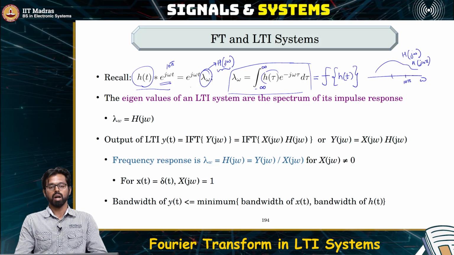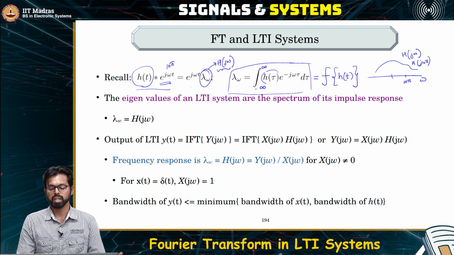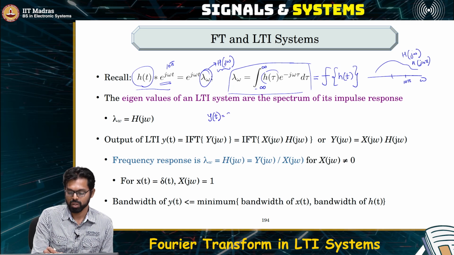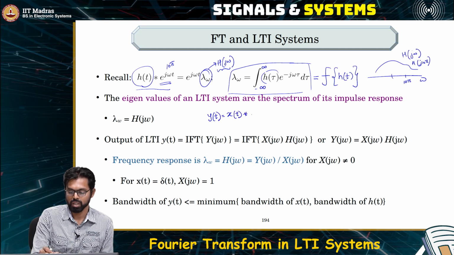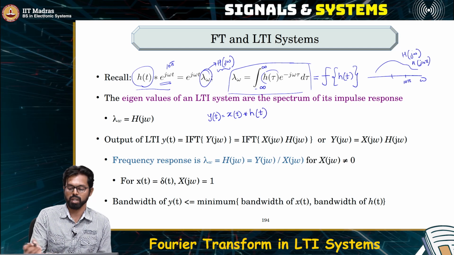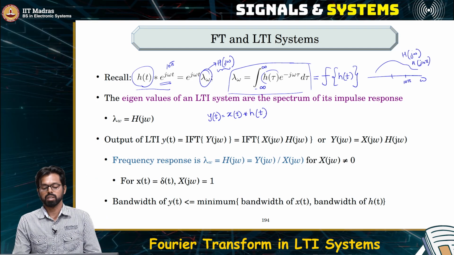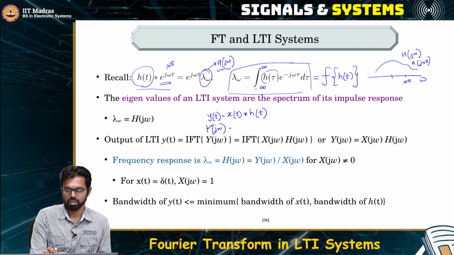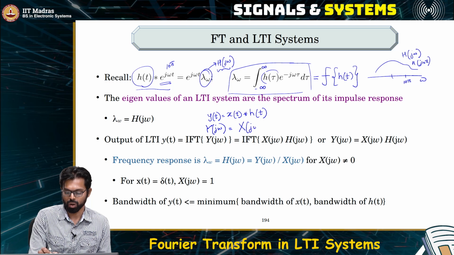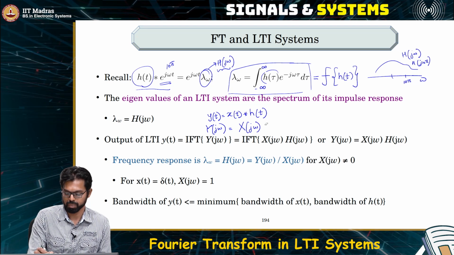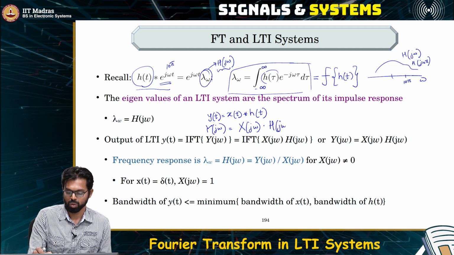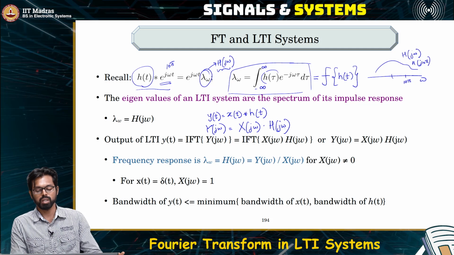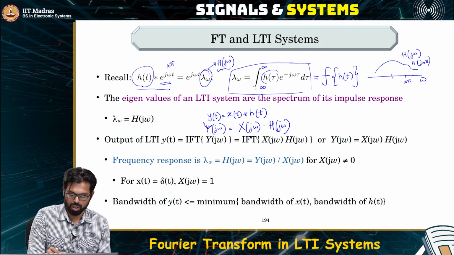Now, what is the output of this LTI system for an arbitrary input? The output of the LTI system for an arbitrary input is x of t convolved with the impulse response h of t, right? In the spectral domain, how does this look? The spectrum of the output is now equal to the product of the individual spectrums, where we are simply multiplying the spectrum of the input with the spectrum of the impulse response.